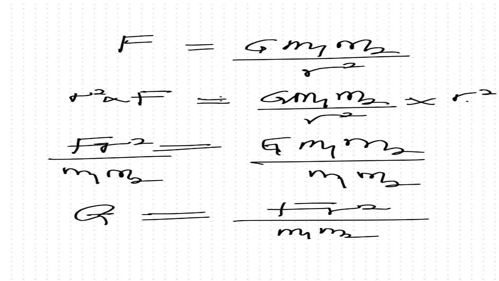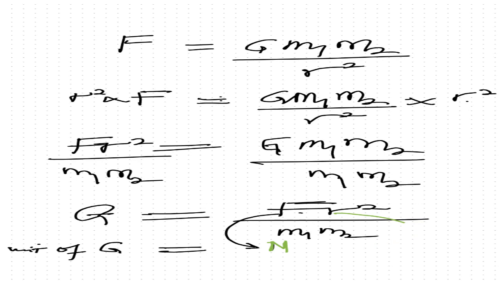So let's try to describe the unit. What is the unit of force? So we are finding the unit of G. Force is in what? Newtons. How about R? R is distance, right?